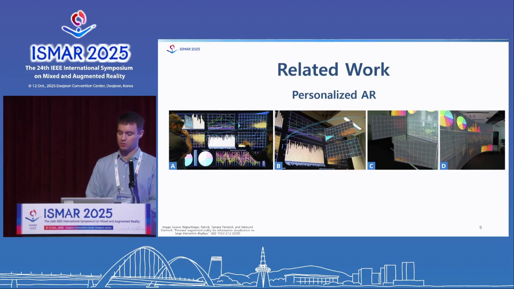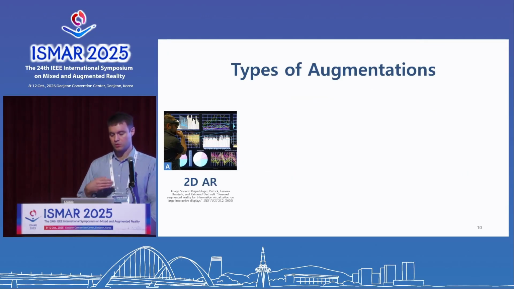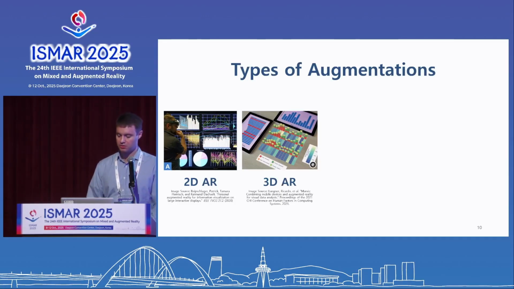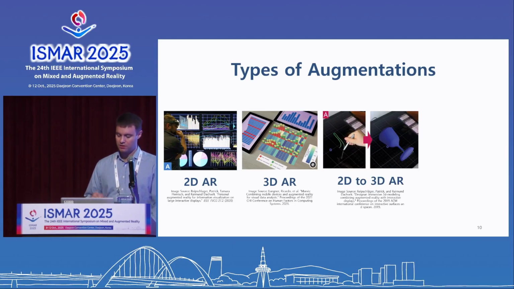Shown here is work by Reipschlager et al., which augments a large wall display with various graphs and functionality. Now, we reviewed approaches like these for our own large wall display, and for applications we were collaborating on with domain experts. We saw works where displays were augmented with 2D graphics. We saw works where displays were augmented with 3D graphics. We even saw works where 3D graphics were extruded from the 2D display.